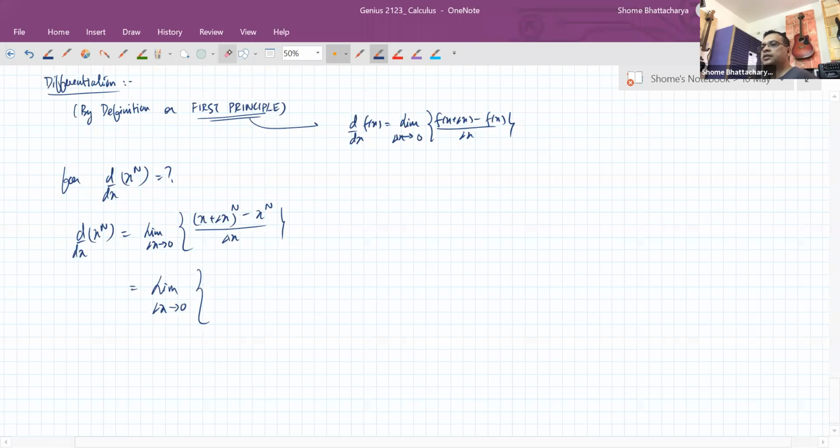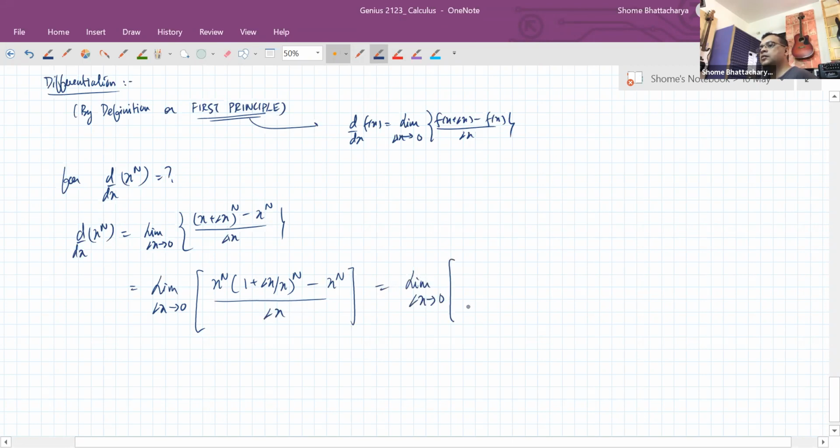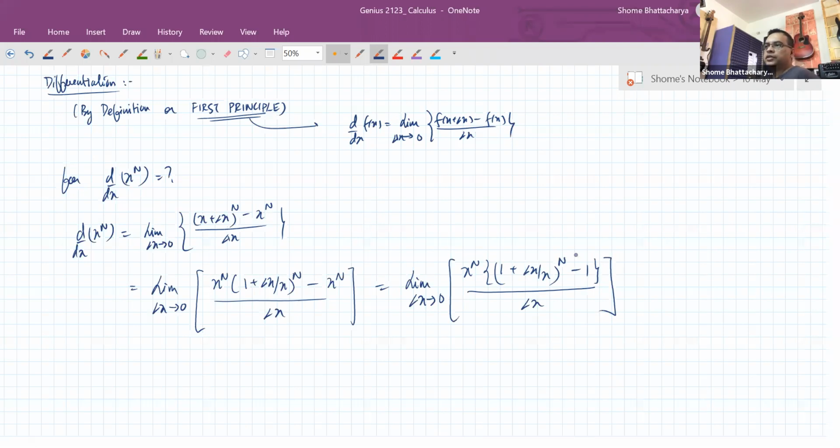So I can write it like this: x to the power n into (1 plus delta x by x) to the power n, minus x to the power n, divided by delta x, which I can further write as x to the power n common, times (1 plus delta x by x) to the power n minus 1, divided by delta x. Okay, so up to this step, I hope it is clear to all of you, right?